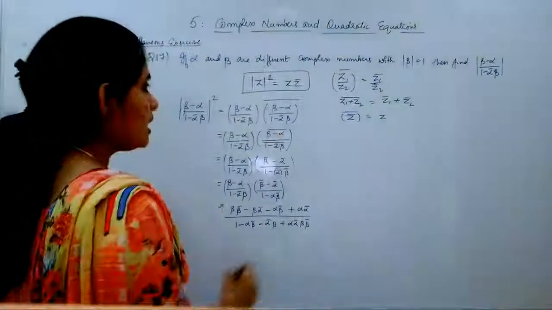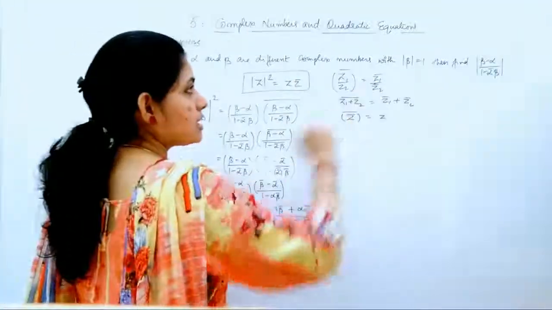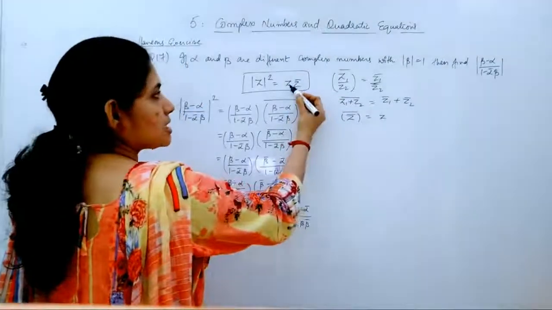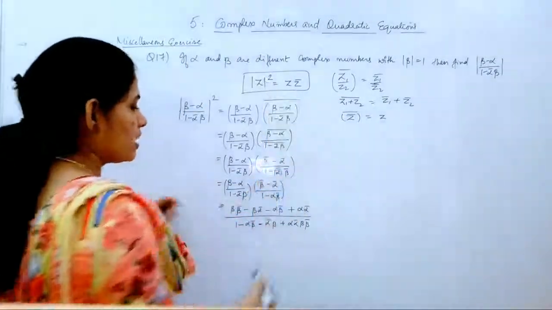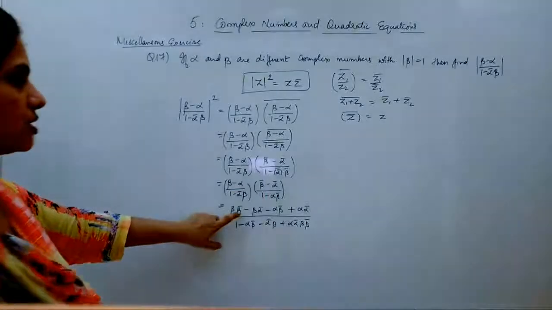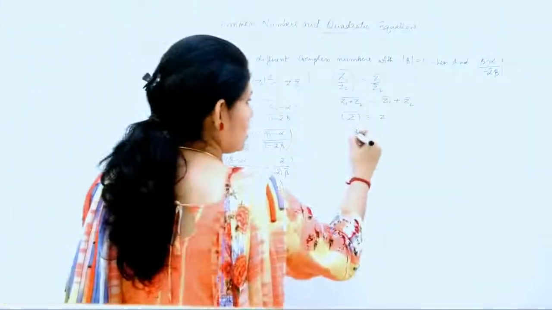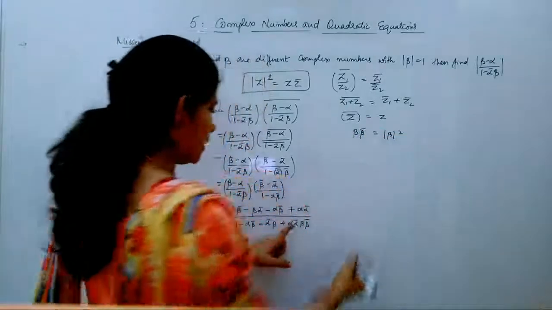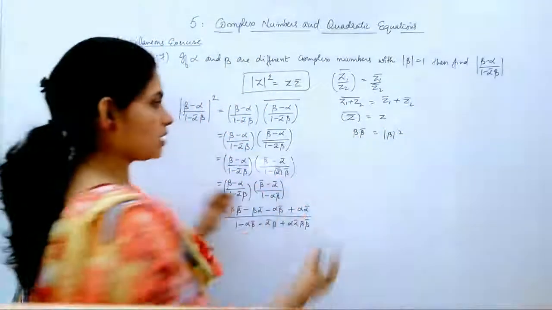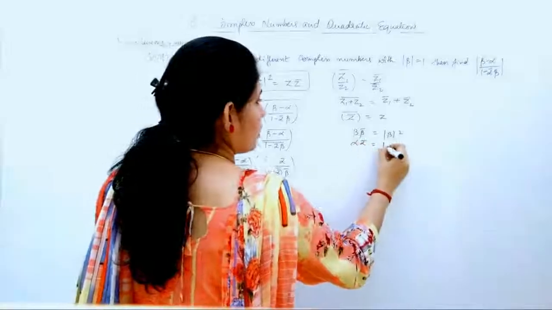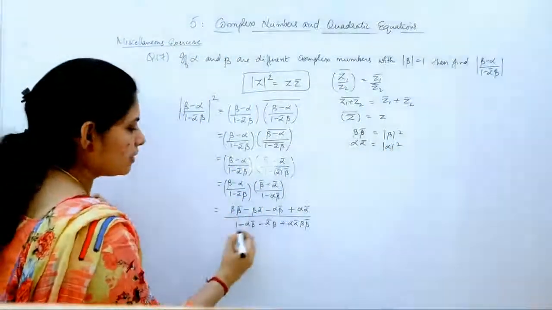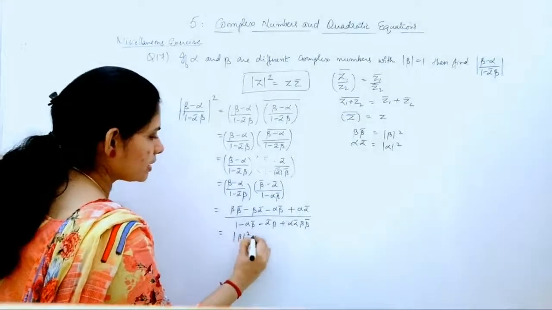Now you see, since it is given that mod beta is equal to 1, we can use that here. How? Again we are applying the same property, z z bar is equal to mod z square. So beta beta bar will give you mod beta square. Again you have alpha alpha bar, there you can use mod alpha square. So this term will become mod beta square.